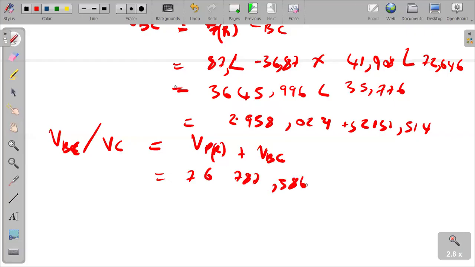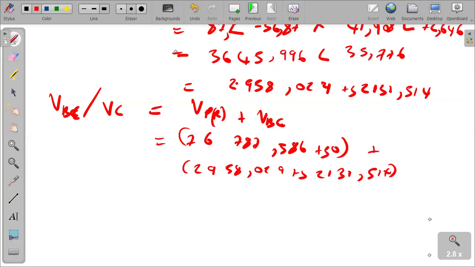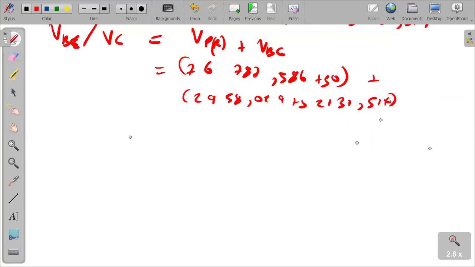76,787.586 plus J0, plus 2,958.029 plus J2,131.514. Adding those two, they will obviously lead us to 79,745.615 plus J2,131.514.